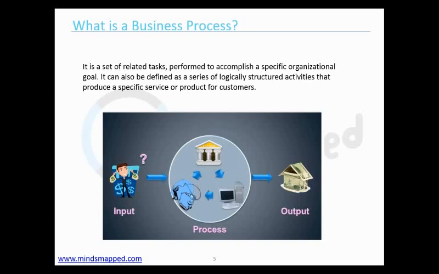So to simplify and increase the efficiency of the business process, businesses generally need automation of their business processes. So what do you understand by automation, just as a general term?